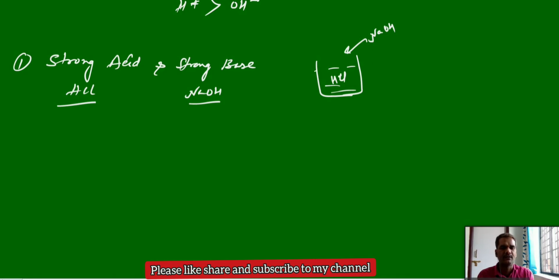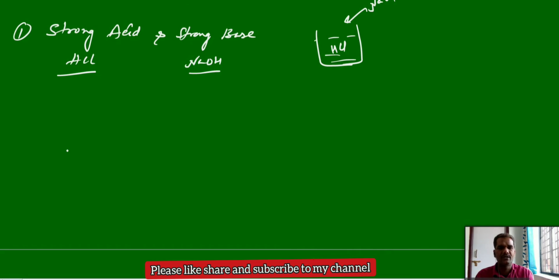At the equivalence point, the neutralization takes place. That end point we have to calculate by using the conductometric titration. So what happens to the conductance values when you add NaOH drop by drop to the HCl solution?